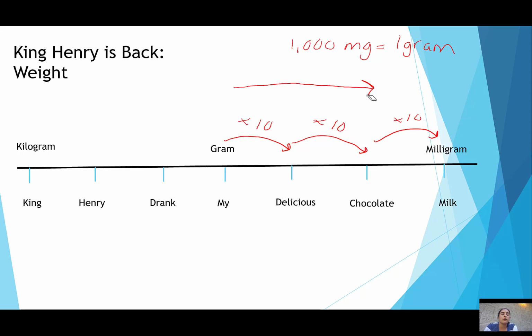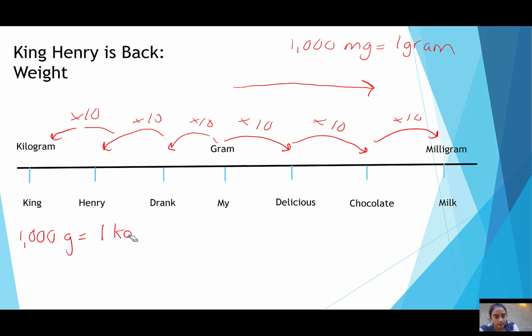So now let's try going from grams to kilograms. 1, 2, 3. Also 1,000. A kilogram is 1,000 times larger than a gram, so we can say 1,000 grams equals 1 kilogram.